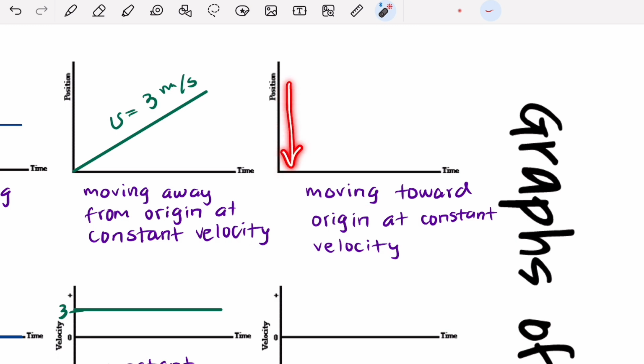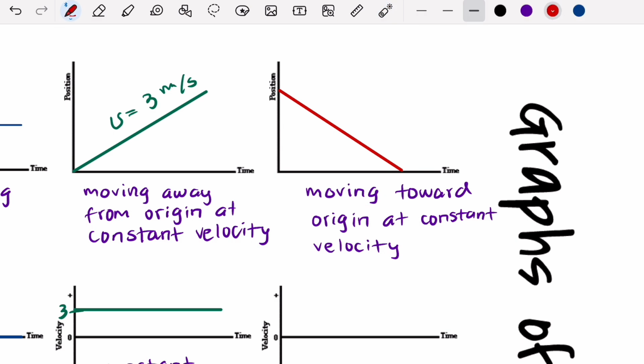The vertical component should go down towards 0. So that means the slope is going to be negative. Let's say we started at this location and then we got to the origin. Notice how the vertical component is going down until we hit 0 or the origin. That's why we have moving toward origin at constant velocity.